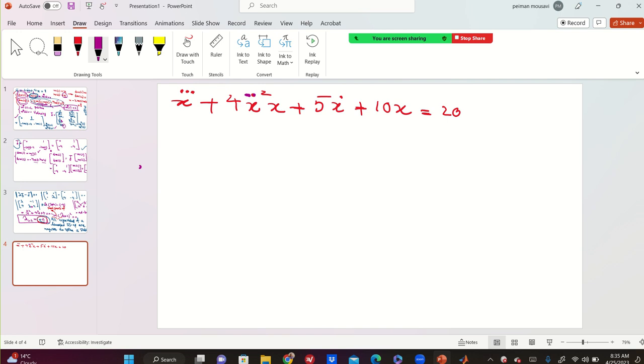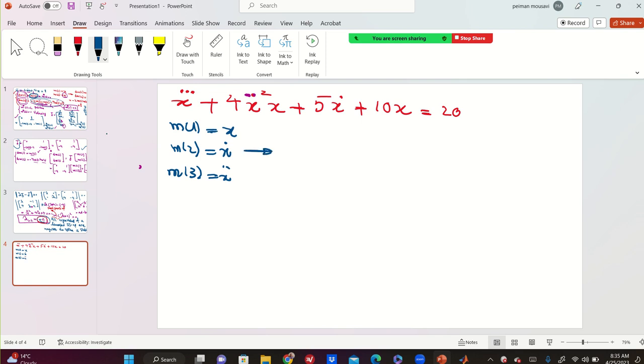Okay, guys, what's that? It's simple. What you're going to do is say M1 is x, M2 is x dot, and M3 is x double dot.